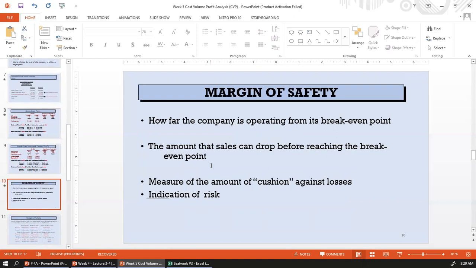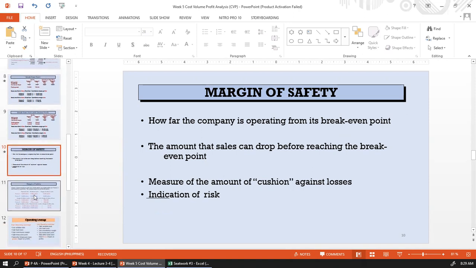This is the amount that sales can drop before reaching the break-even point. It measures the amount of cushion against losses. So if you go down below your margin of safety, it indicates that if you go lower pa, you will incur a loss.